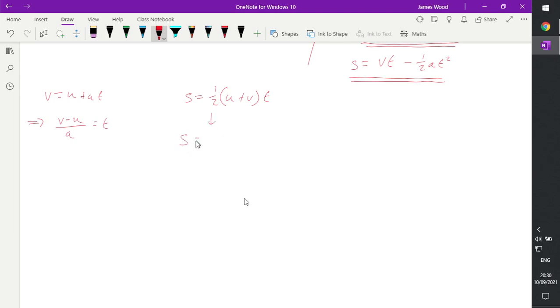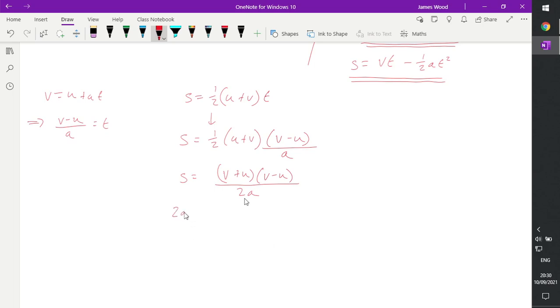So that becomes s equals half u plus v times t, which I now know is v minus u over a, like that. Now I'm just going to rewrite this as v plus u, v minus u over 2a. That's still the same fraction. You might be able to see where this is going now.